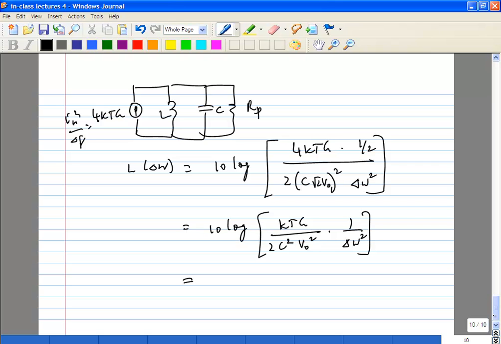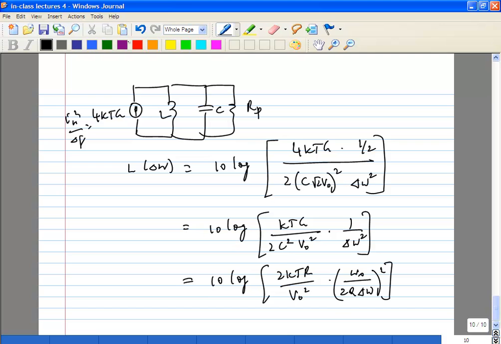And if you go through the whole thing, remember the Leeson's model, we express it in terms of the Q of the tank. So you can go ahead and do everything and show that it reduces to the same thing.